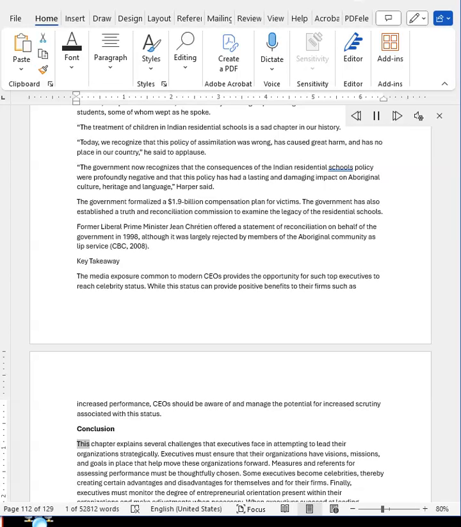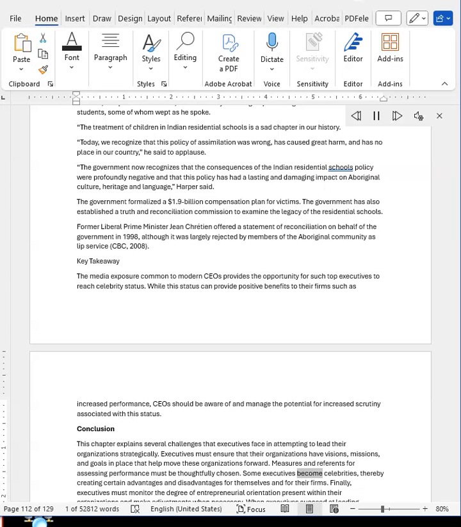Conclusion. This chapter explains several challenges that executives face in attempting to lead their organizations strategically. Executives must ensure that their organizations have visions, missions, and goals in place that help move these organizations forward. Measures and reference for assessing performance must be thoughtfully chosen.